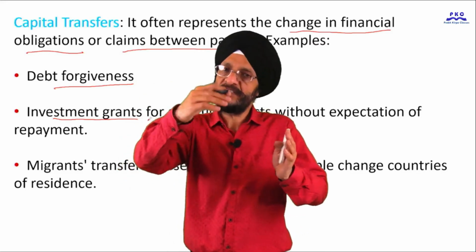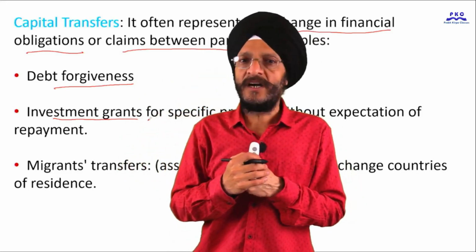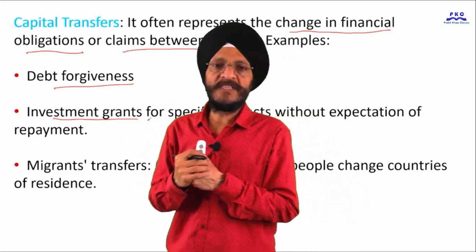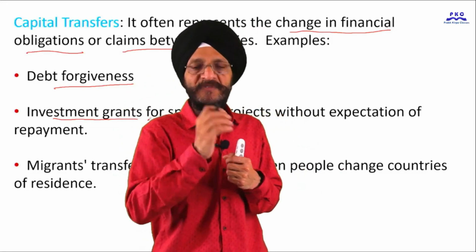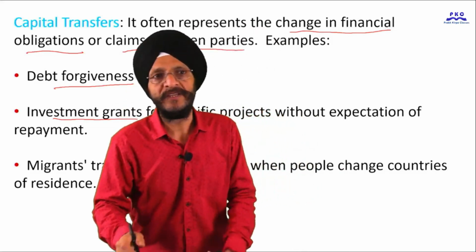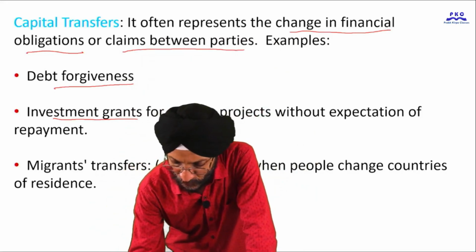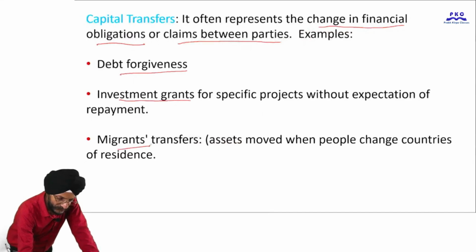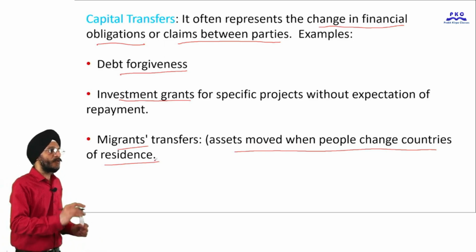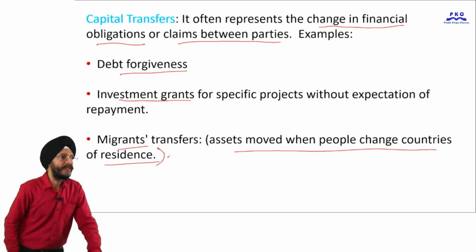There is no expectation that it will receive the grant back. So all these investment grants which are given by a country to other countries for specific projects are recorded in the capital account. Then the assets which are moved when people change countries of residence are also recorded in the capital account.